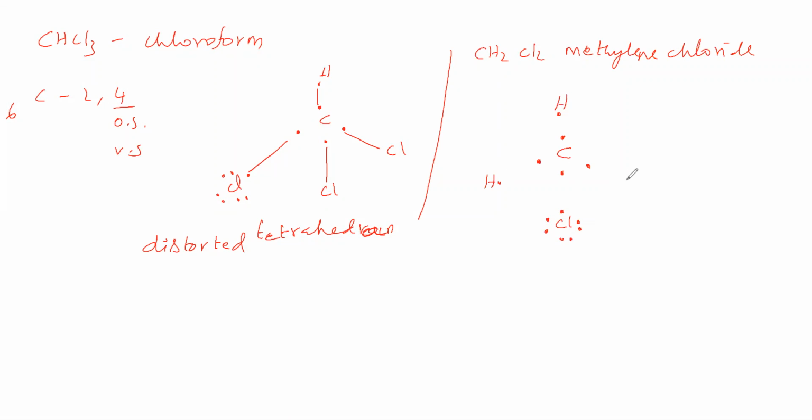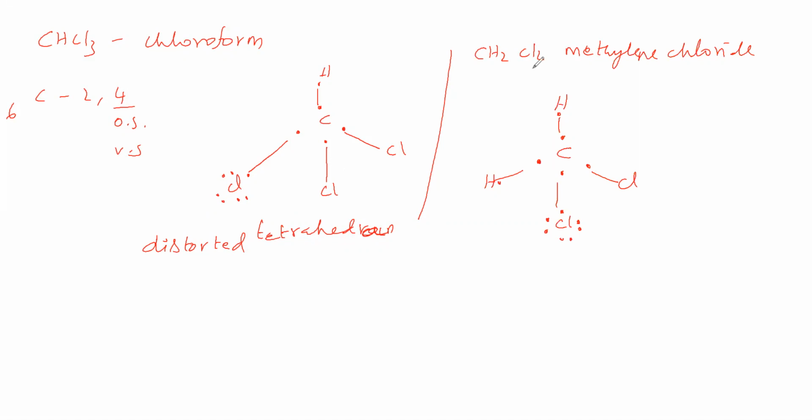Now they are contributing their electrons and making bonds. Carbon in methylene dichloride is having 4 sigma bonds. 4 sigma bonds means 8 electrons. 8 electrons means obeying the octet rule. This is about methylene chloride.